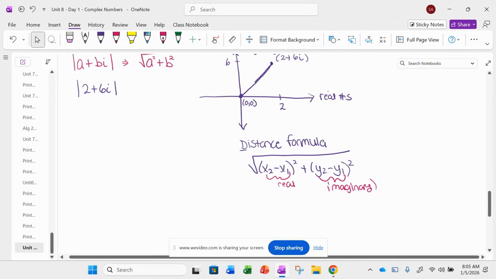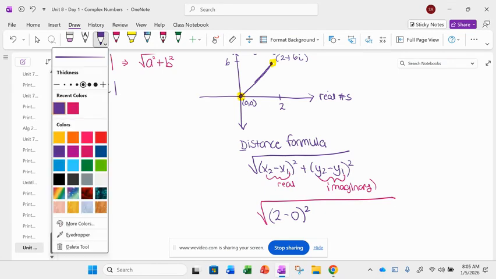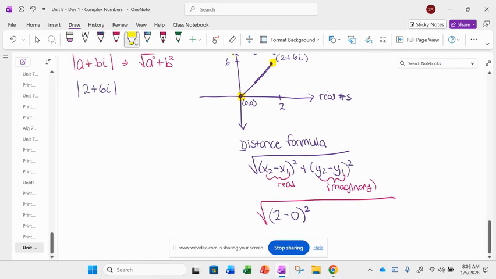So now we plug in. We're using where they cross, 0, 0, and we're using this point. So we're going to say 2 minus 0 quantity squared. And then for the imaginary, we go 0, 0, but then up 6. So then it's going to be plus 6 minus 0 squared.